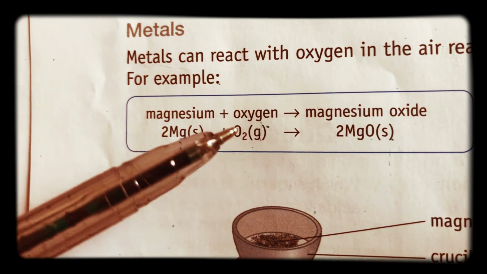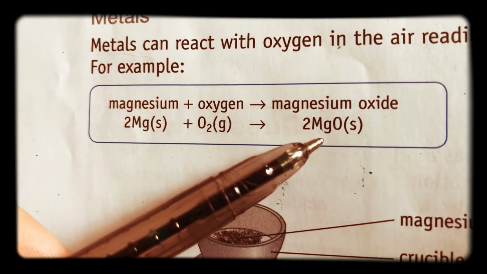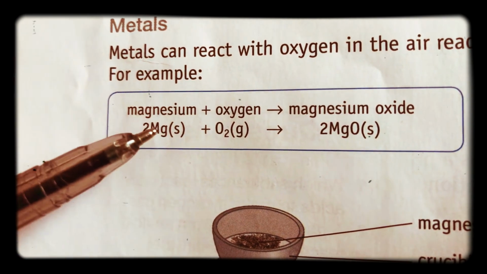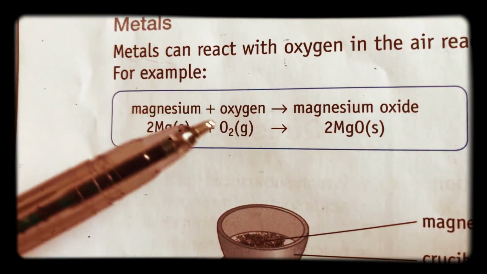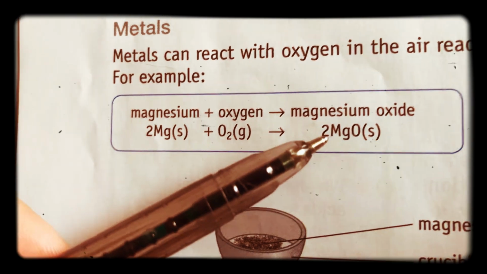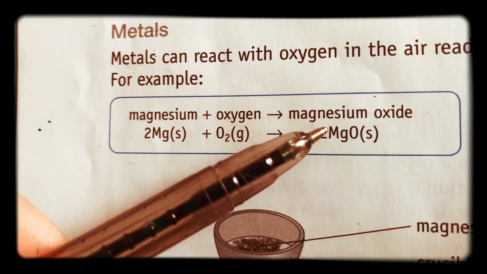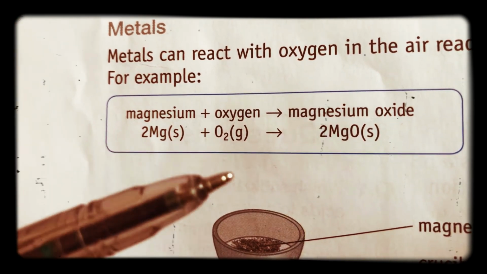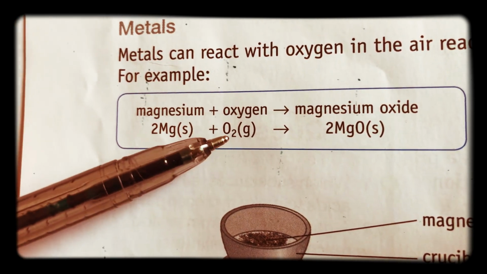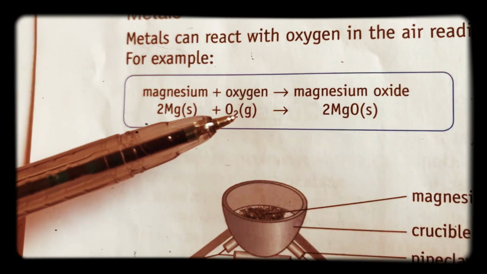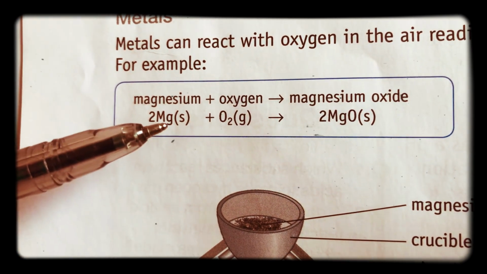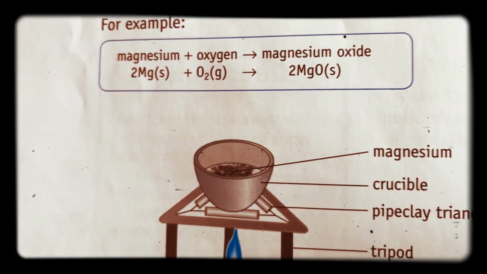In order to be able to balance the formula of MgO, which is magnesium oxide, we have to have a second magnesium to combine with the second oxygen here. So the formula of magnesium oxide is MgO, but we have two pairs of MgO solid forming because we actually start off with 2 atoms of oxygen in this molecule, and you have 2 atoms of magnesium that need to react, 1 for each of them.